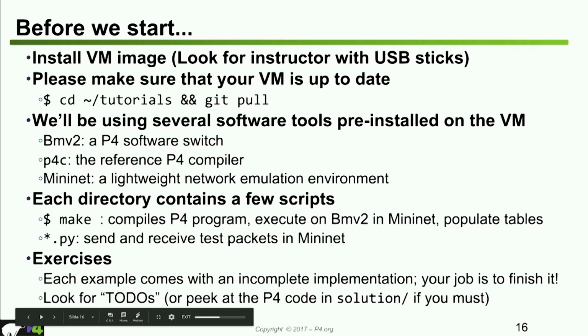Each of the directories also has a send.py and receive.py, which is very useful for sending packets. It's just a very simple Python client and server that we'll use to send packets between the different hosts in the Mininet network. Each of the exercises has some starter code. So read the starter code and look for the to-do comments, which describe the functionality that you'll need to implement to complete the exercise.